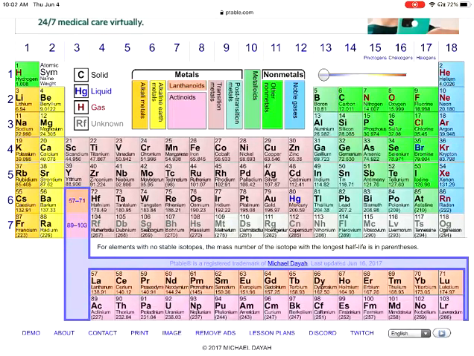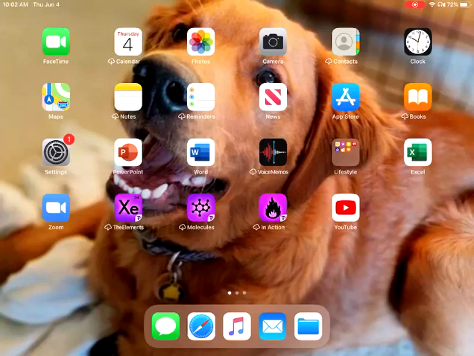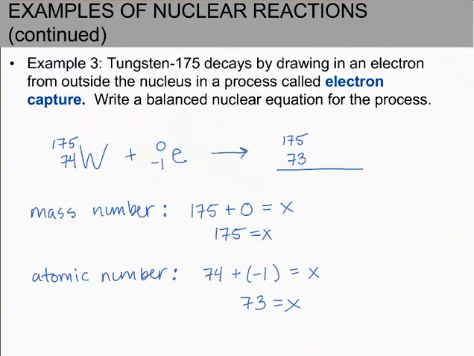So we tend to kind of gloss over the transition elements and the lanthanides and actinides down at the bottom. So it's kind of cool to work with these. All right, so tantalum, that has a symbol Ta. Okay, so that is our new element after tungsten absorbs an electron.